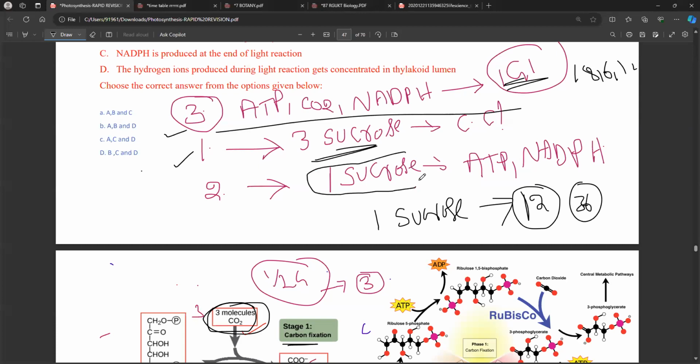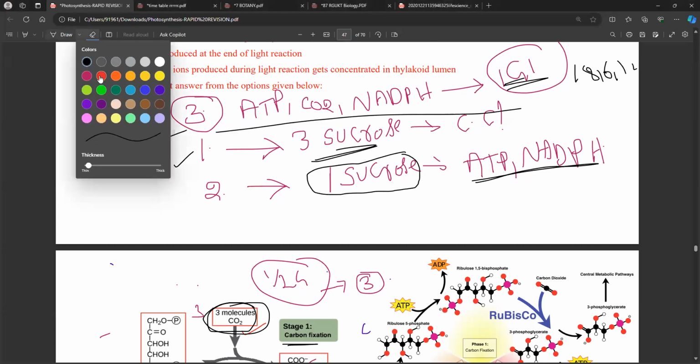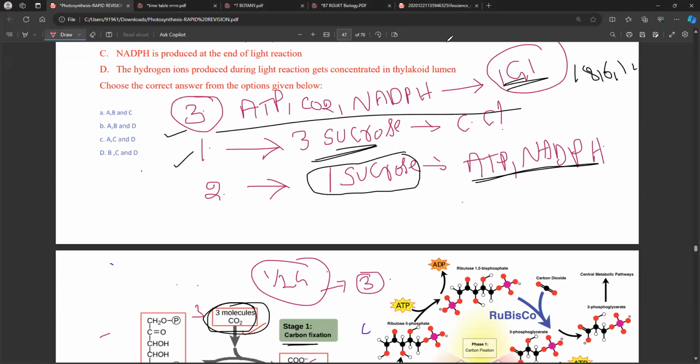Now tell me, for 1 sucrose, how many ATP and how many NADPH?